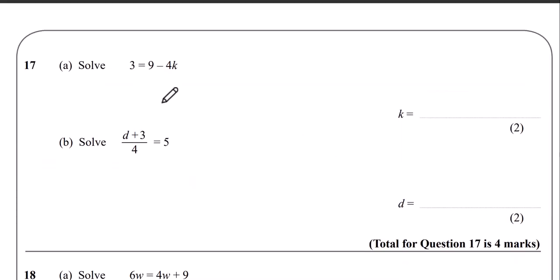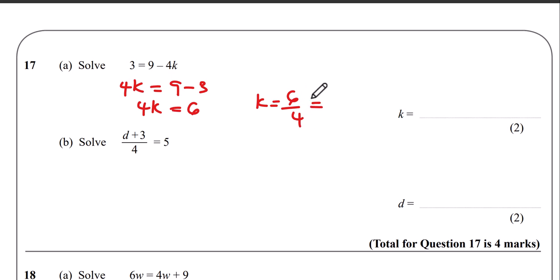And of course for this one, you're going to add 4k on both sides, so here's going to be 4k, and you subtract 3 on both sides, that's minus 3, so 4k is equal to 6, so k will be 6 over 4, which can be simplified to 3 over 2, and then this is 1.5.